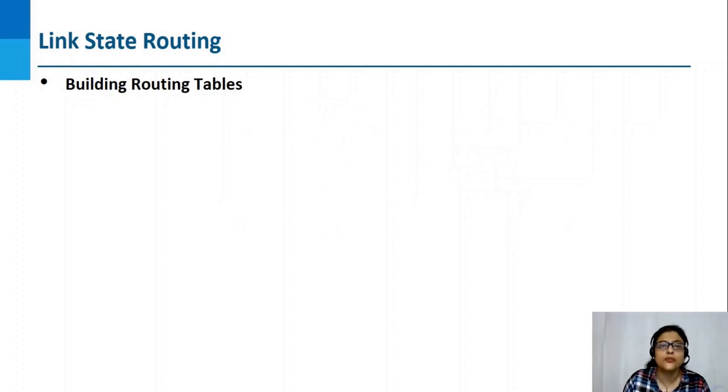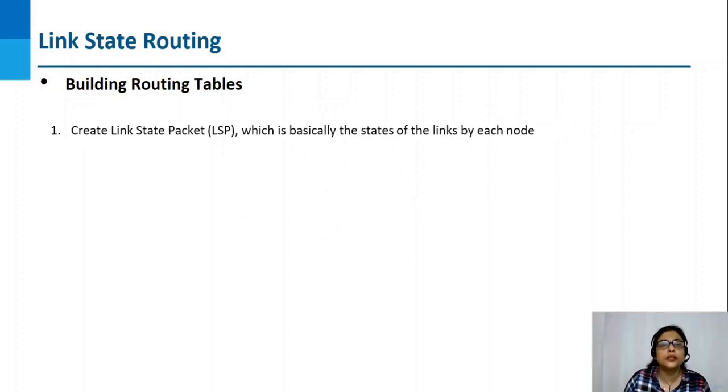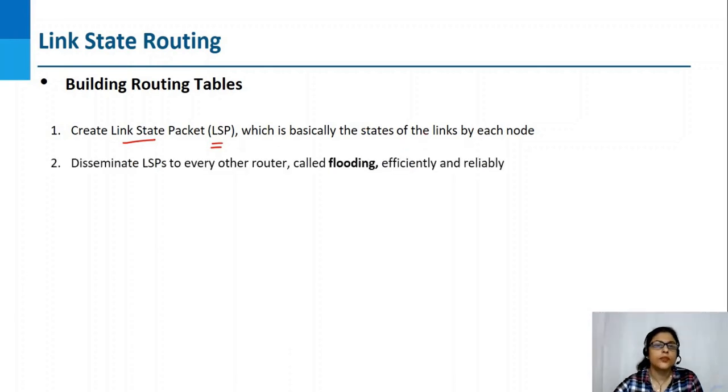Now they have to build the routing tables. In order to build the routing tables, there are 4 different steps that must be followed. Initially, any node must create the link state packet, which we call LSP, which is basically the state of the links of each node. Then they have to share these LSPs with every other node, and this type of sharing is called flooding.